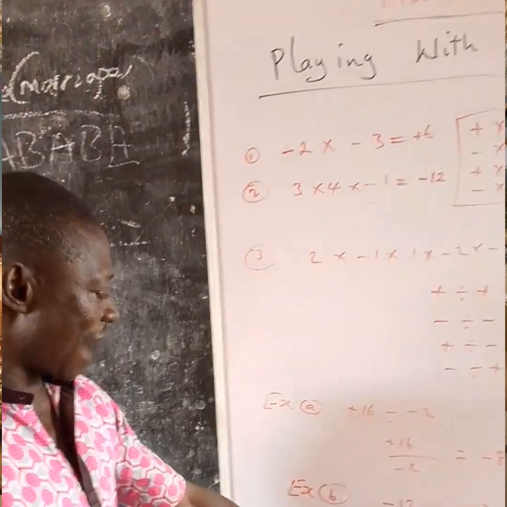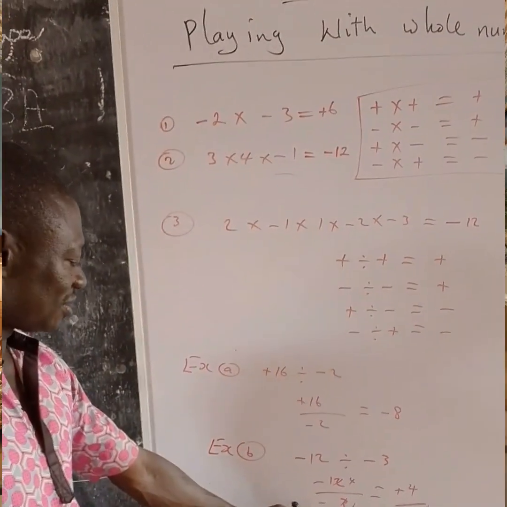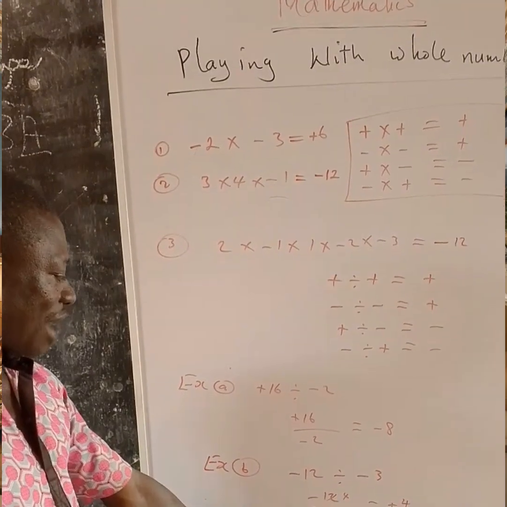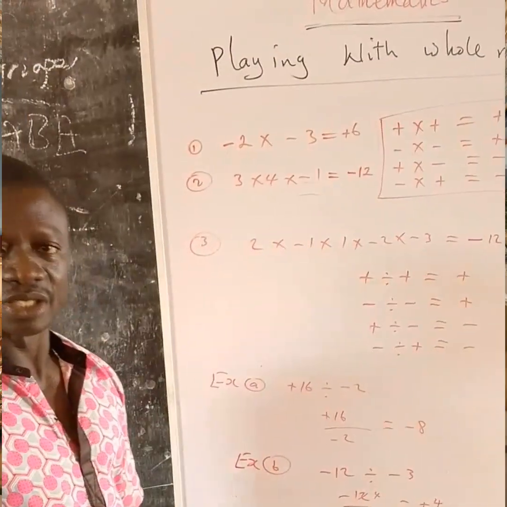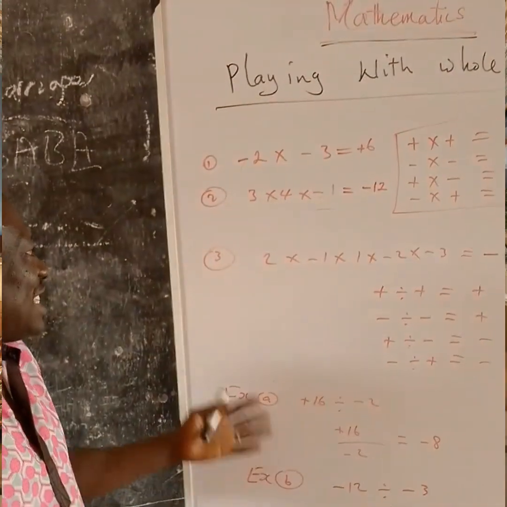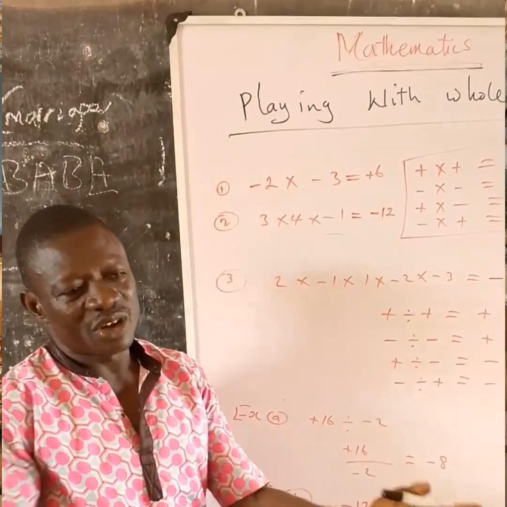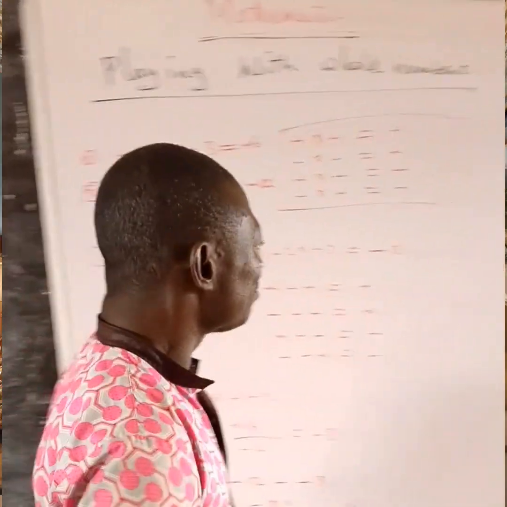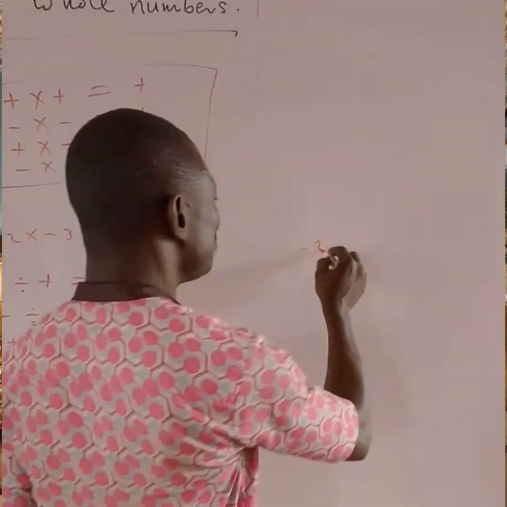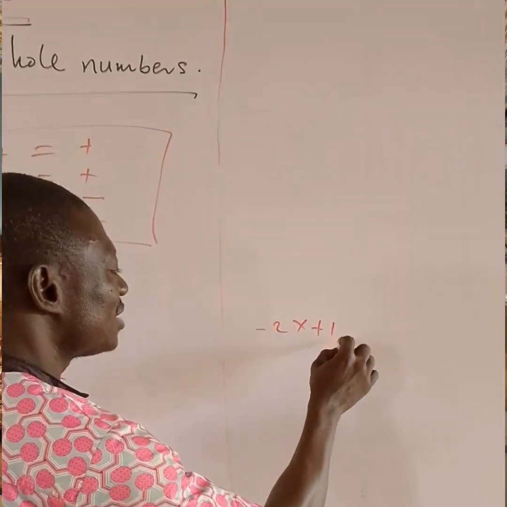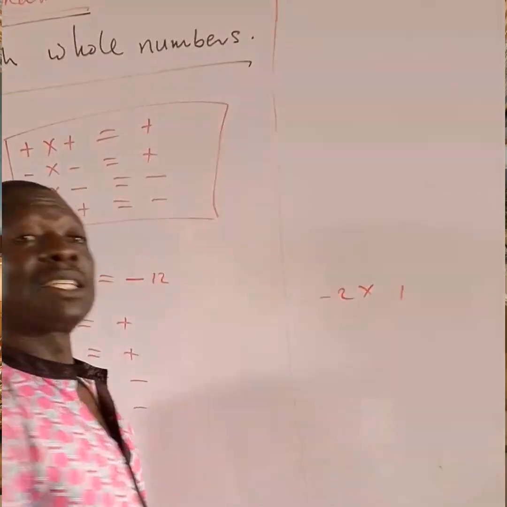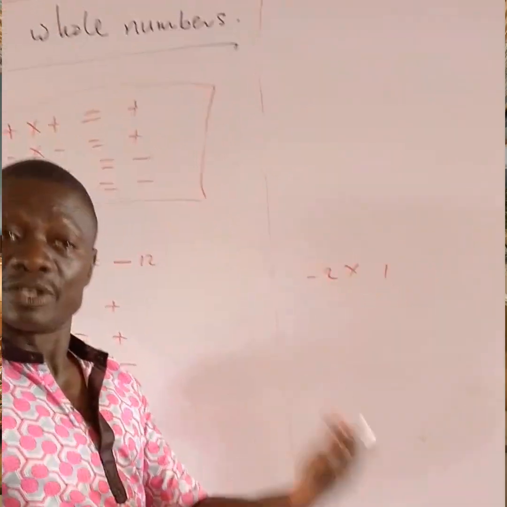Can you see that? Minus times minus, as we see here. But this time around, minus divided by minus is also positive. Can't you see that this can be resolved into a play? You can easily say something like, okay, minus 2 times plus 1. Whether you add plus or not, it is plus 1. Remember that a number without sign is a positive number.